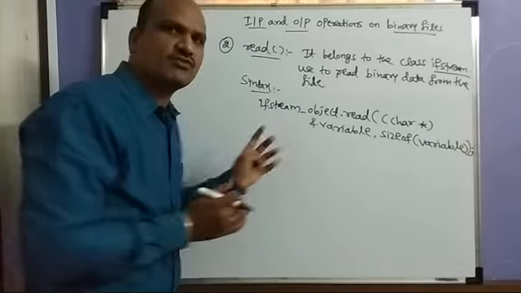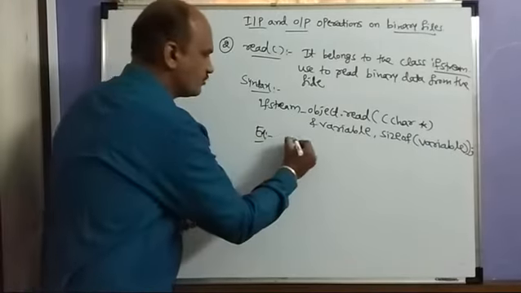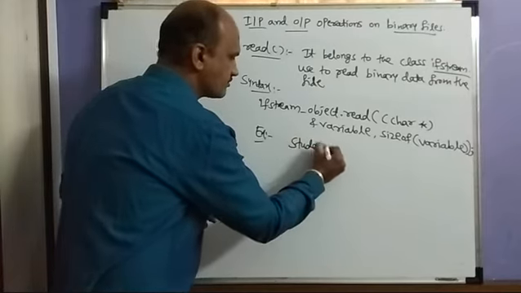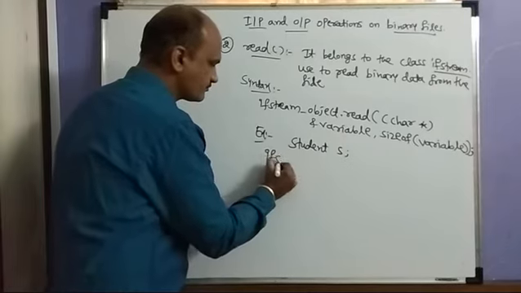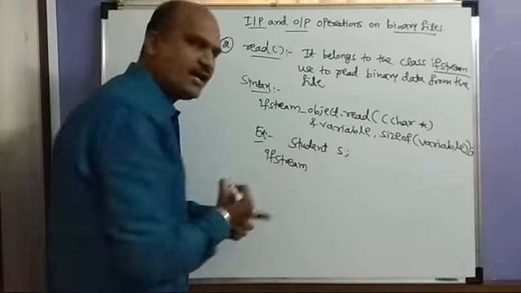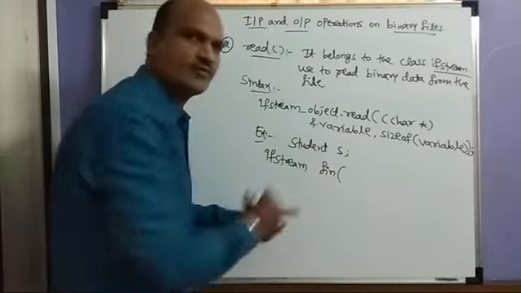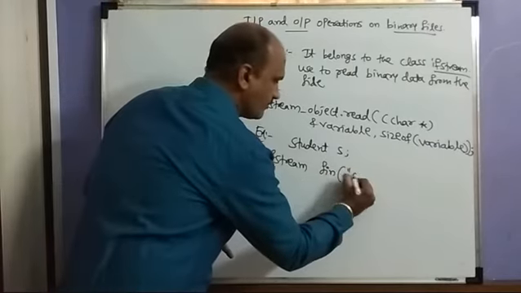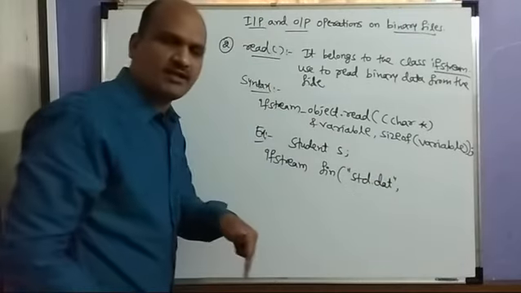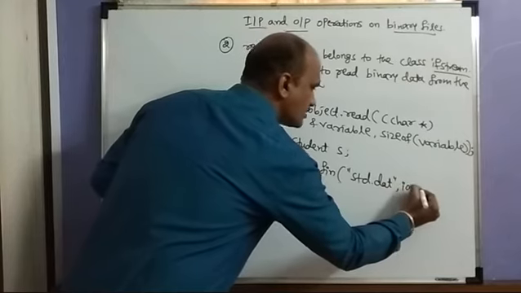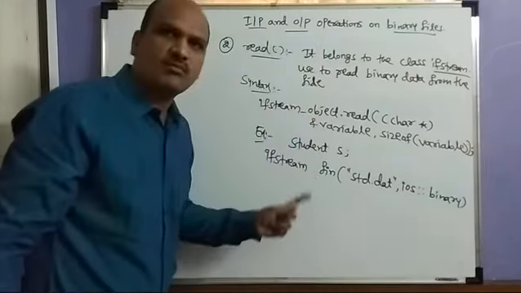Here also we can write an example. That is a student S. Then again ifstream fin, and again the file. As it is a binary file, again we write ios::binary, the binary file mode, as we discussed the modes of the files.